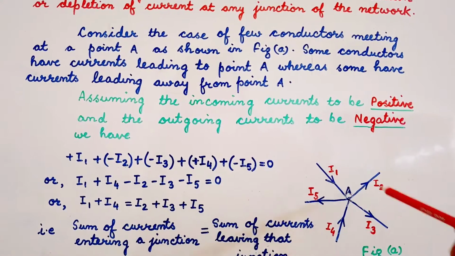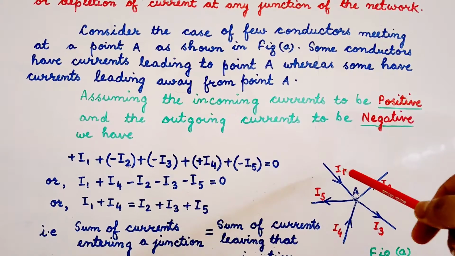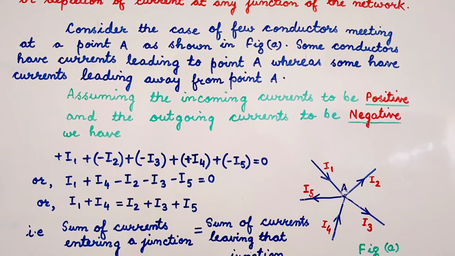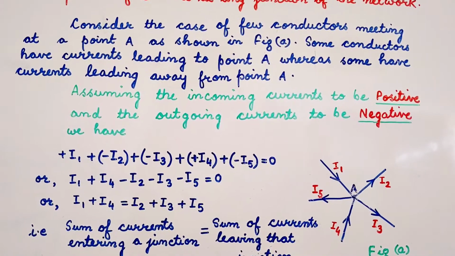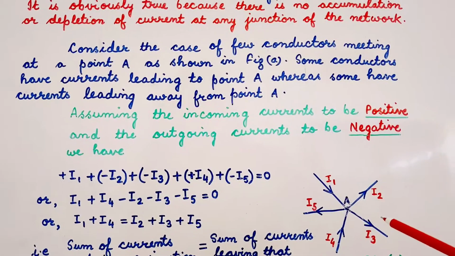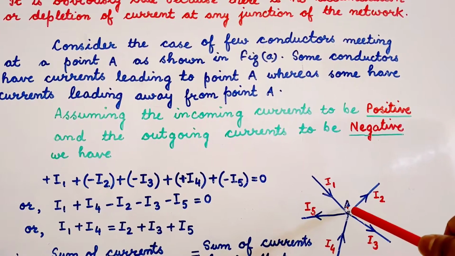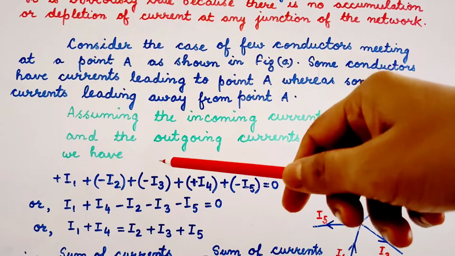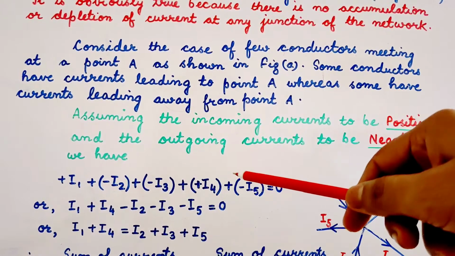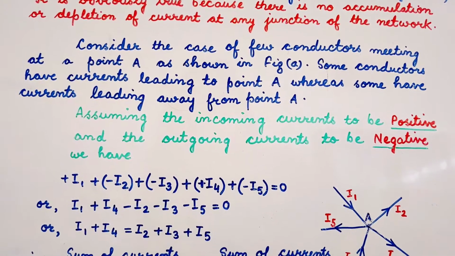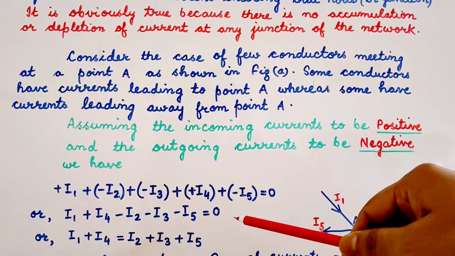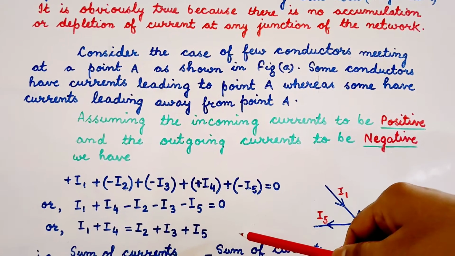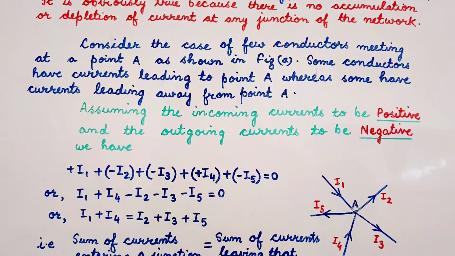So we will add all these currents according to their signs, that is, we are taking the algebraic sum of the currents. If we apply Kirchhoff's current law at this node A, then we can write I1 plus (minus I2) plus (minus I3) plus I4 plus (minus I5) is equal to 0, or I1 plus I4 minus I2 minus I3 minus I5 is equal to 0, or we can write I1 plus I4 is equal to I2 plus I3 plus I5.